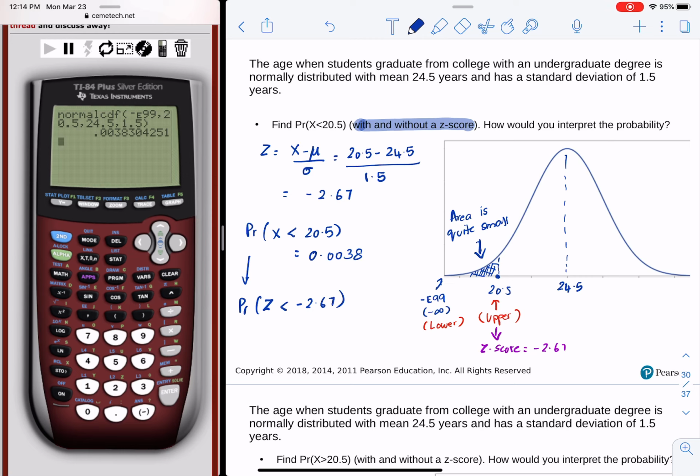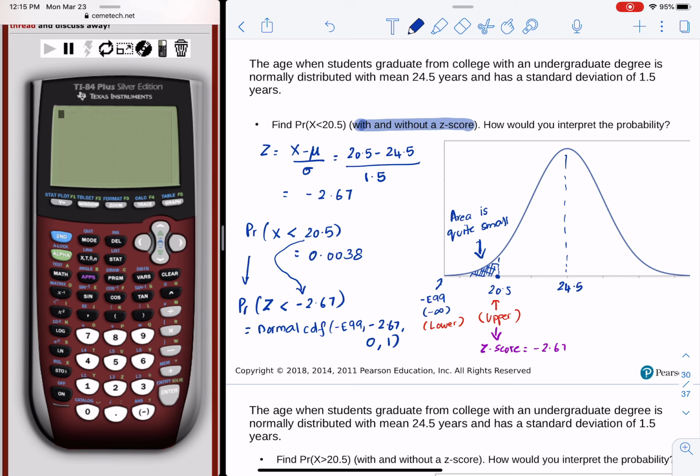Negative 2.67 is the z-score corresponding to 20.5. So here we will still use normal CDF, but the lower endpoint and the upper endpoint would change, and the mean and the standard deviation would become 0 and 1. So we could enter negative 2.67, 0 and 1.